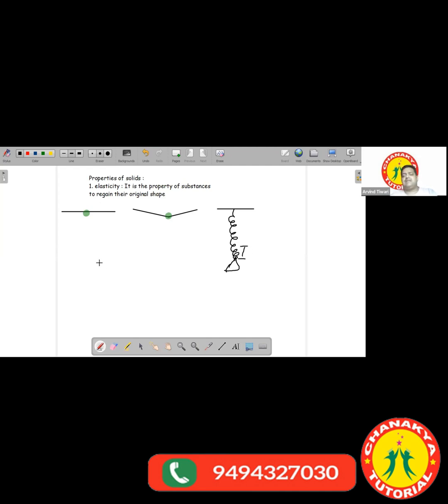Now why are they elastic? Can you think of any reason why the substances are elastic? So intermolecular force. Yeah, it is the intermolecular forces. The intermolecular forces which are holding the molecules together, one molecule attached to the other molecule.